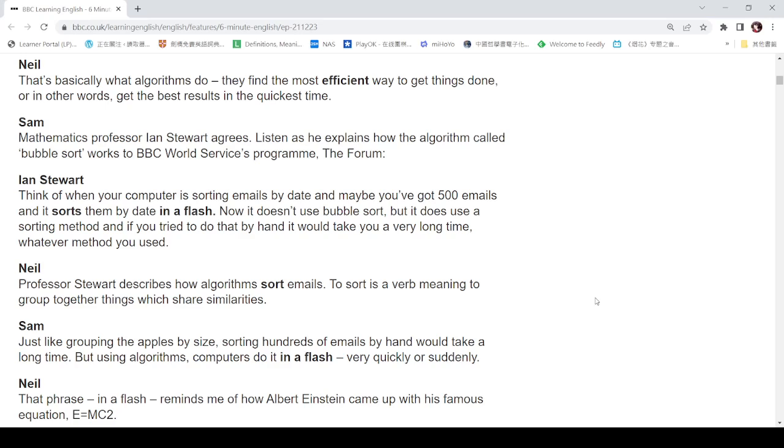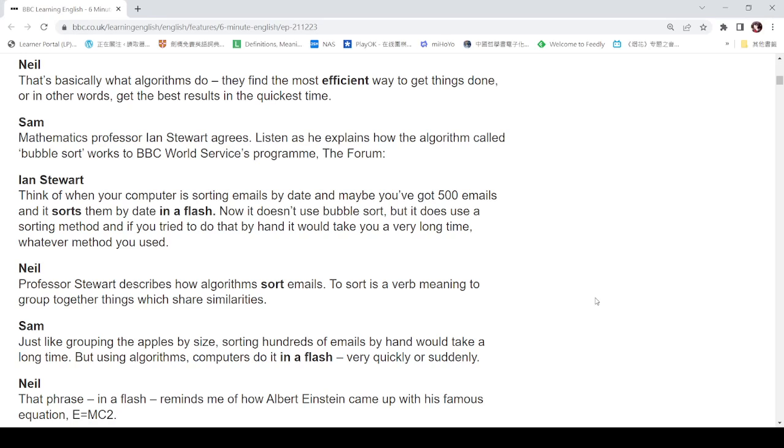Whatever method you use, algorithms sort emails.